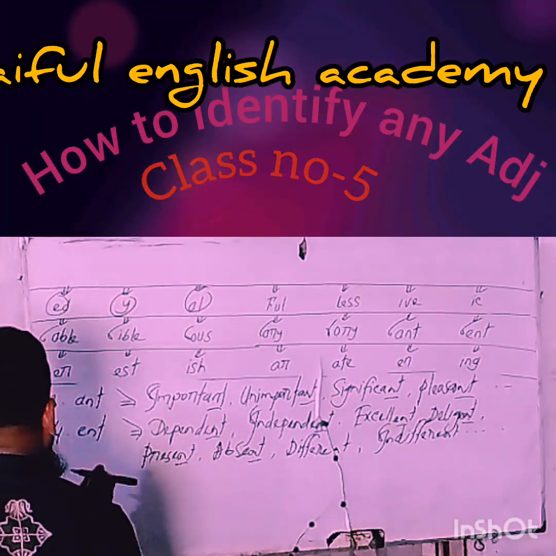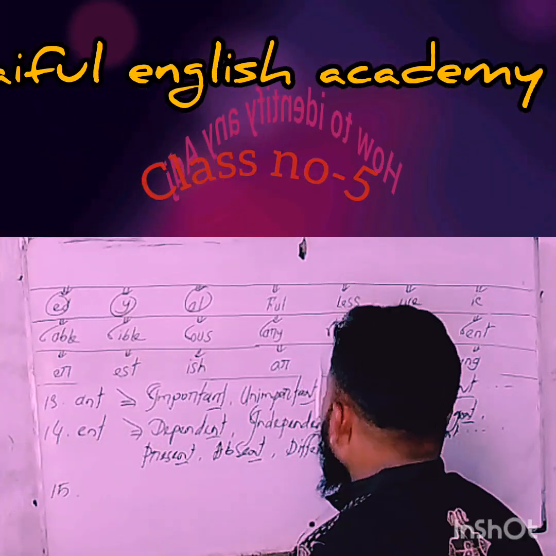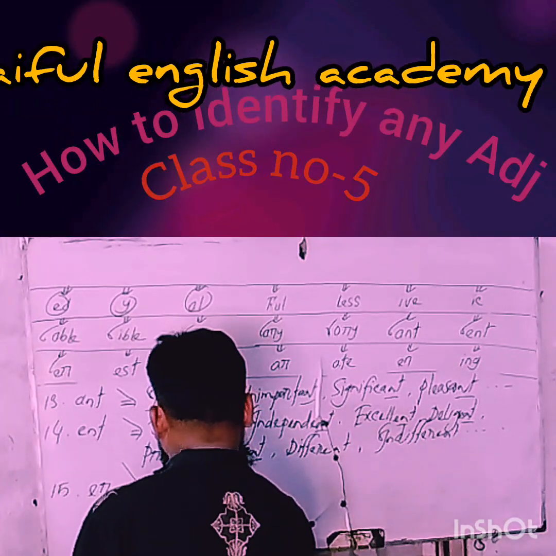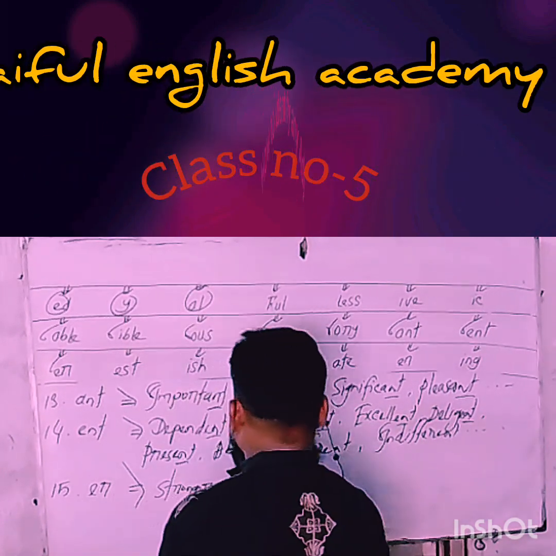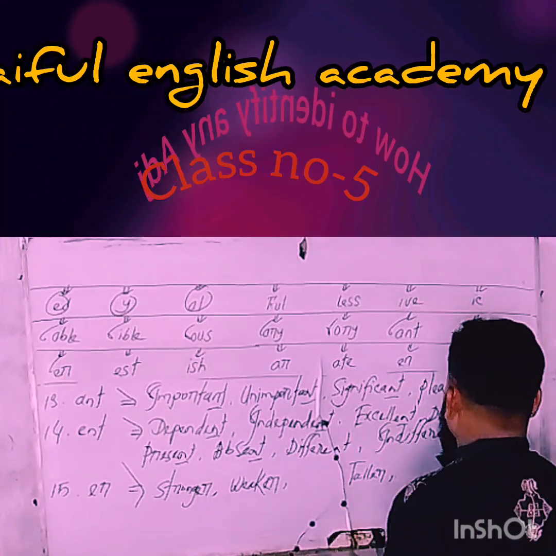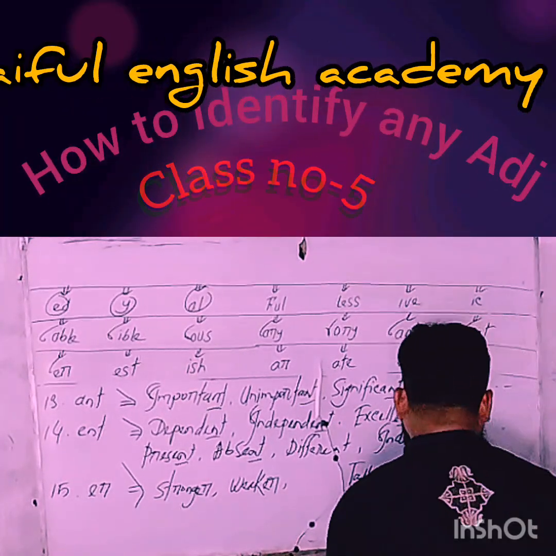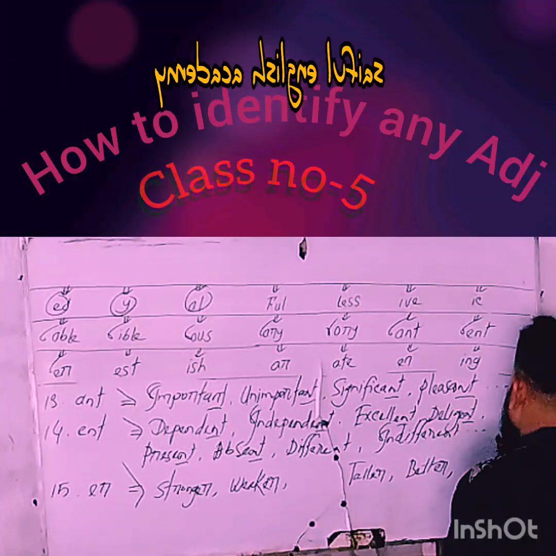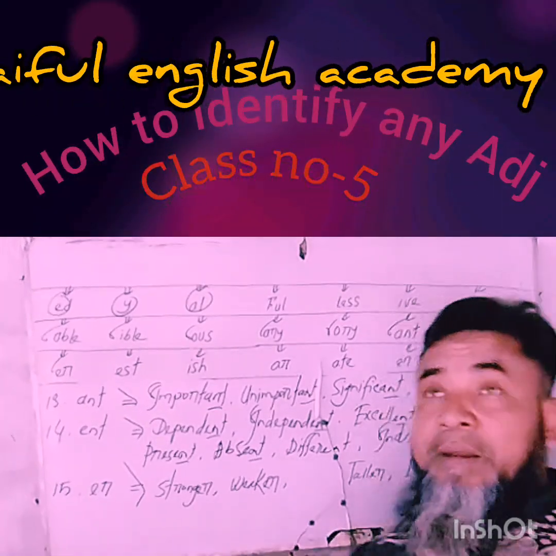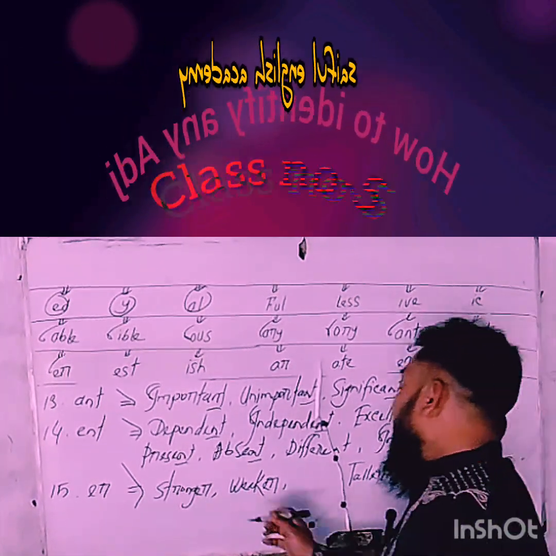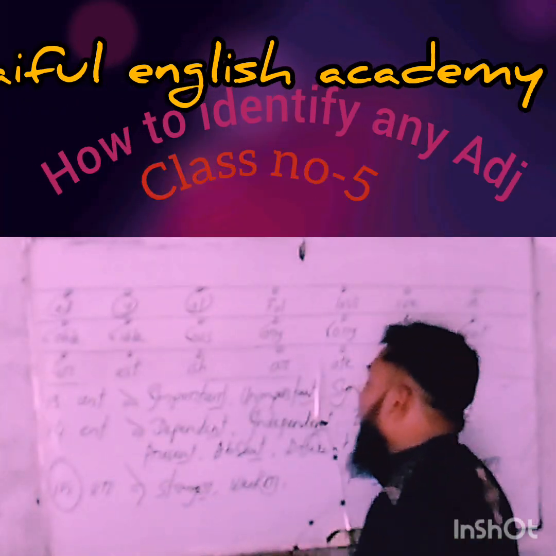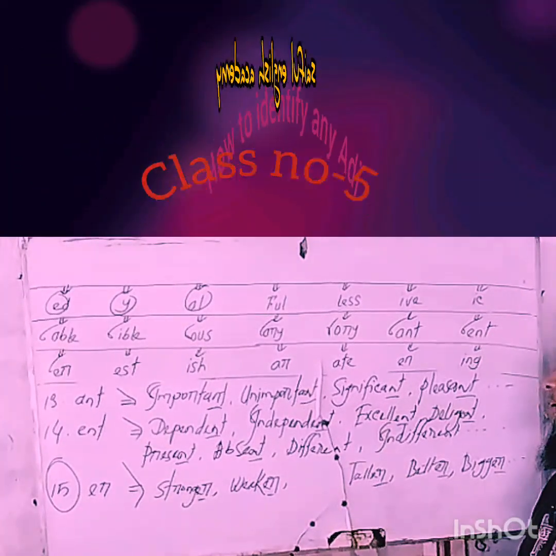My dear learners, now think about your next suffix, E R, such as stronger, weaker, taller, better, bigger, etc. If you notice this suffix in a word, you may consider such words as adjectives. You have to keep in mind that it is a very important and tricky suffix.